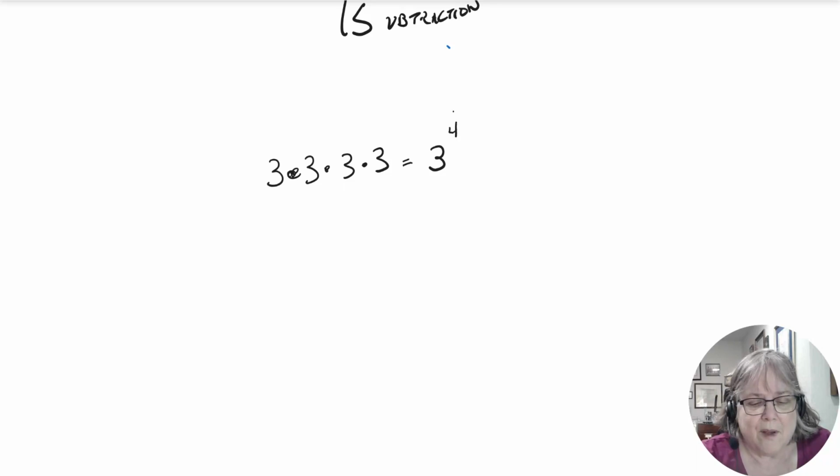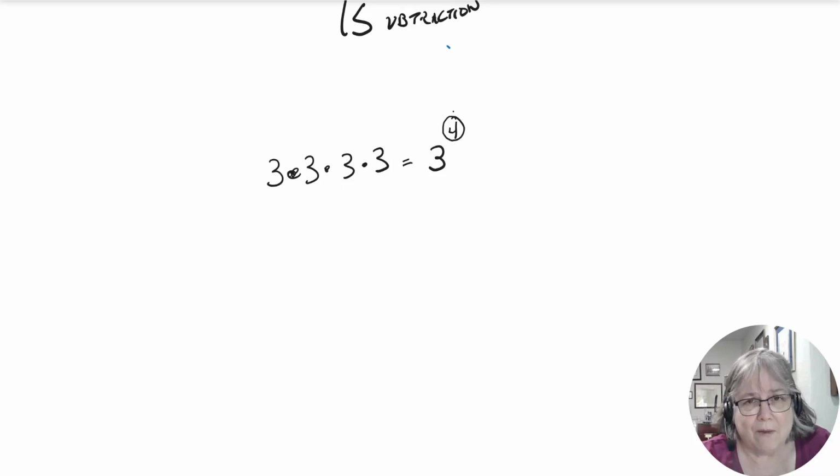And this little number up here in the corner says how many times it was actually there, but we're shortening it to a small shorthand kind of notation. So this is a base of 3, and the little number up here in the corner is called a power or an exponent. And it says how many times 3 is there.